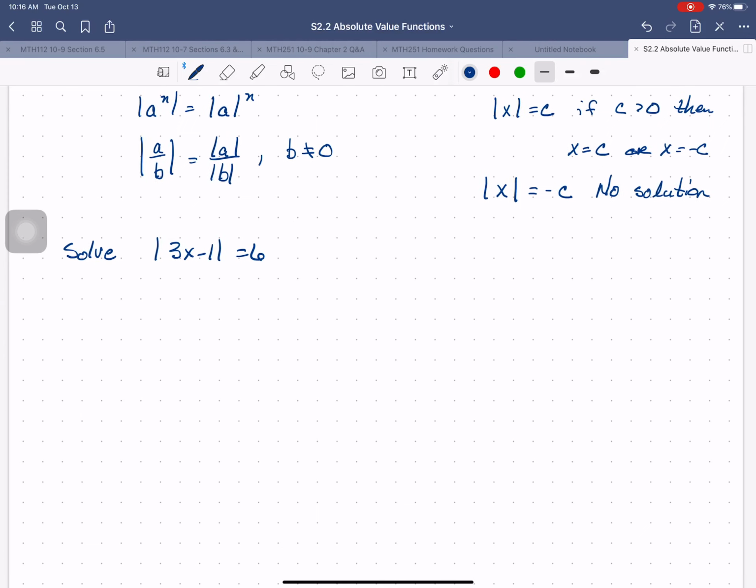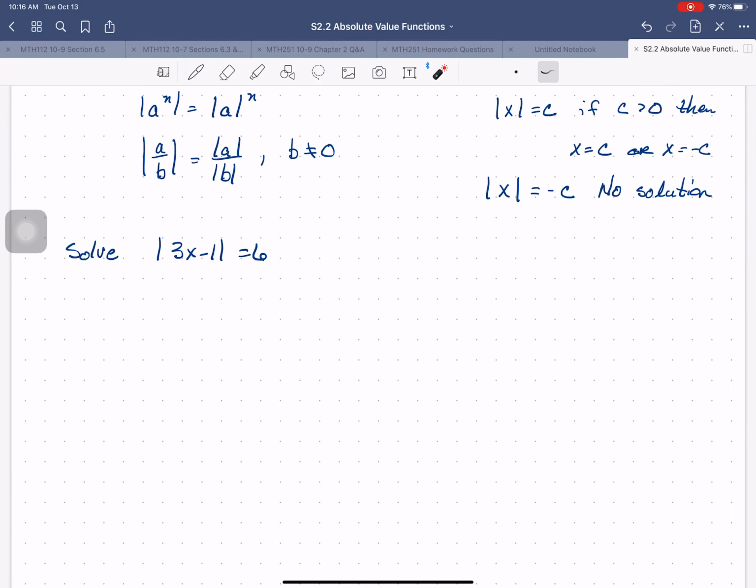Now we can reference this second line here and realize that we've got something inside an absolute value equals a positive number. So the first thing we need to do is make sure our absolute value is isolated, and I'll show you what that looks like in a second, because this absolute value is already isolated. So once our absolute value is isolated, the next thing we do is we write these two statements.